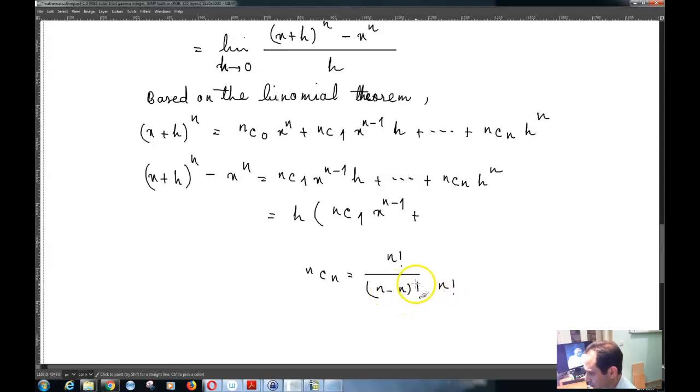So this is 0 factorial, which is 1, so in fact n combination n is equal to 1. This part is equal to 1.